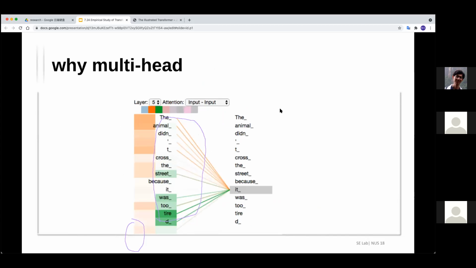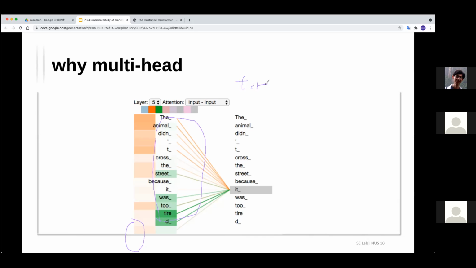It's quite simple, just copying the idea of self-attention. And here is why we need multi-head. Go back to the example we just talked about: the animal didn't cross the street because it was too tired. In some tasks or some senses, actually it is a tired animal.